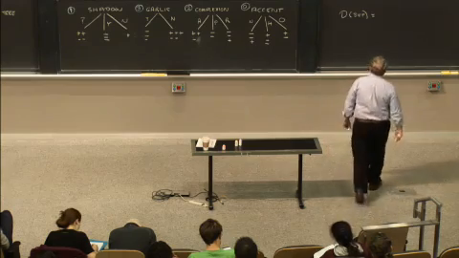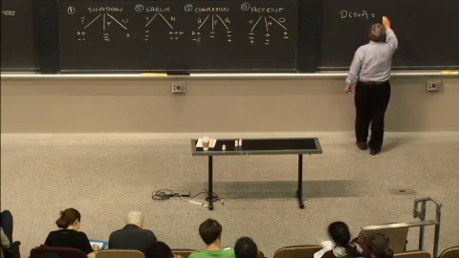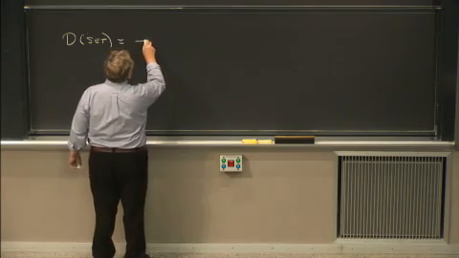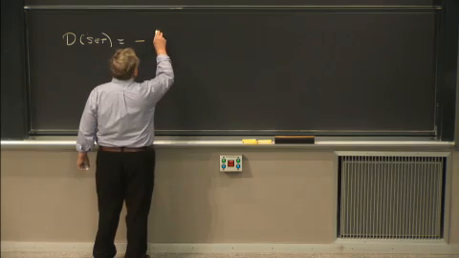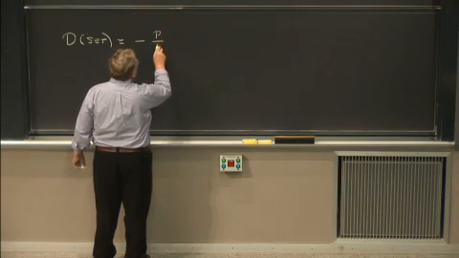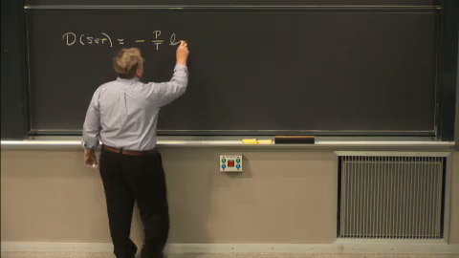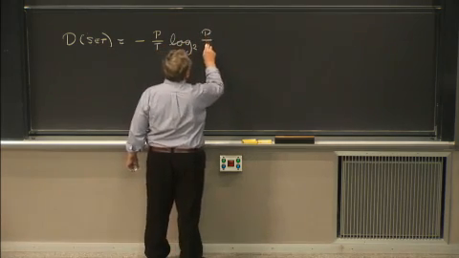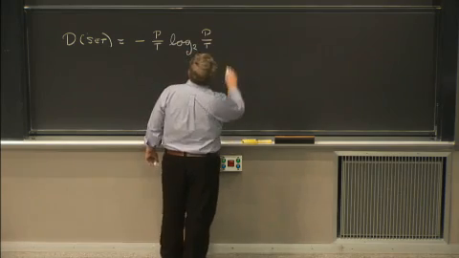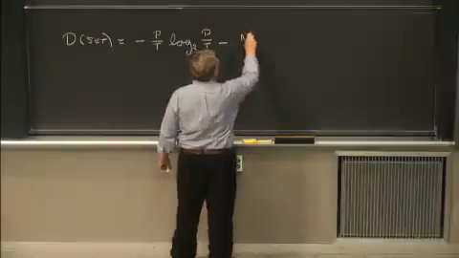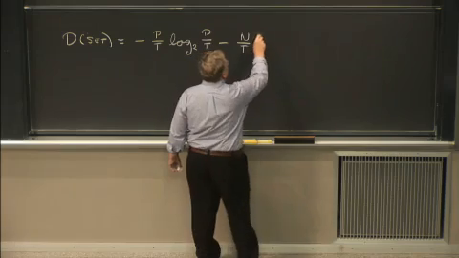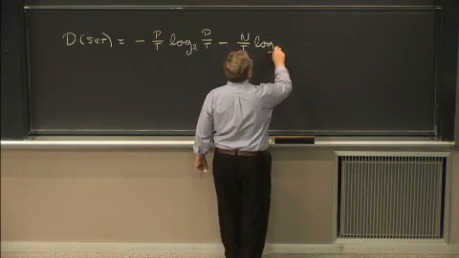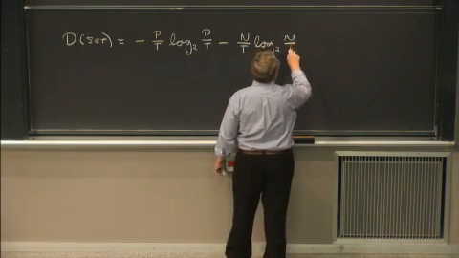So the disorder of a set, according to those guys, is equal to minus the number of positives over the total number times the log to the base 2 of the positives over the total, minus the negatives over the total times the log 2 of the negatives over the total.